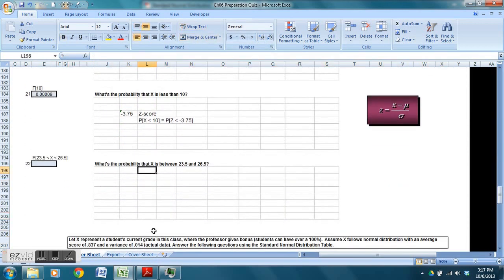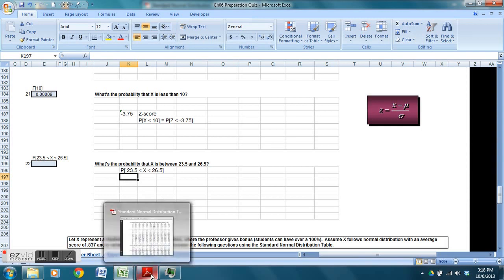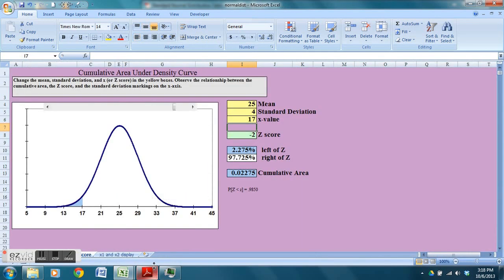So what's the probability that x is between 23.5 and 26.5? Now we're interested in the probability that x is between those two numbers, and the first thing you want to do is draw the graph.